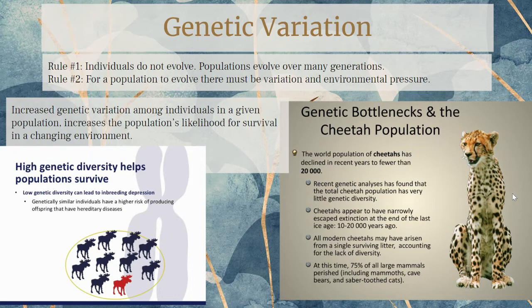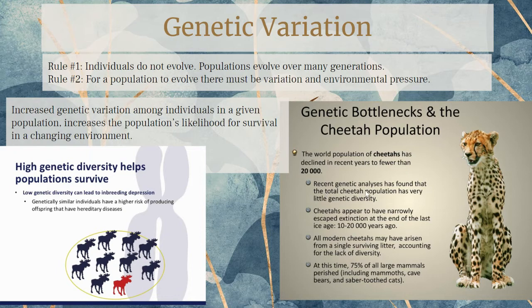Habitat destruction starts coming into play. Hunters are coming into play, and now instead of walking around hundreds and thousands of miles looking for a mate, he's really just walking around his neighborhood. So maybe the only other cheetah he can mate with is kind of related to him. And that's going to reduce their genetic diversity.